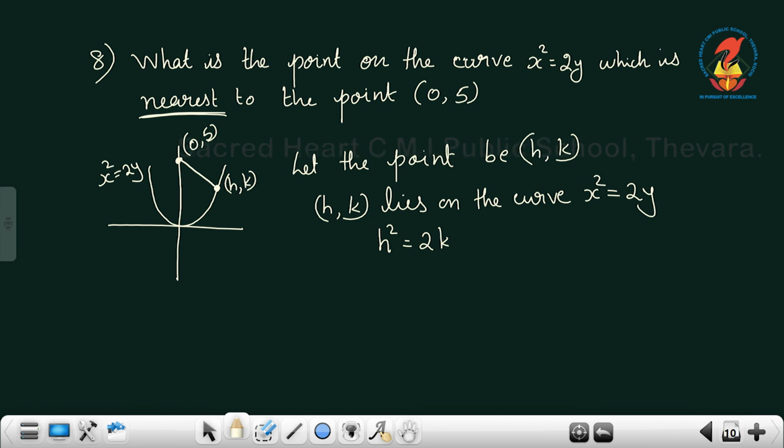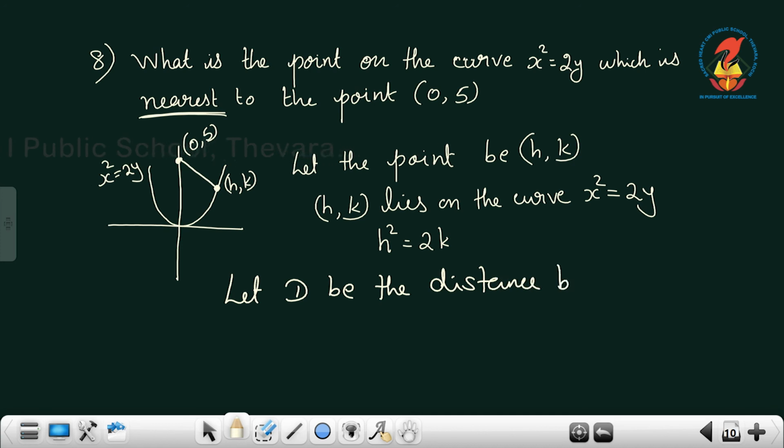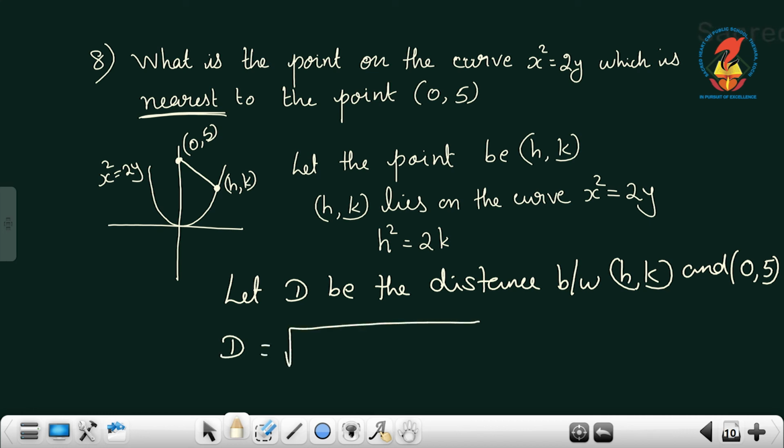Let d be the distance between h, k and 0, 5, and we have to prove this distance is minimum. So D is equal to the distance formula, root of x1 minus x2 whole square plus y1 minus y2 whole square.